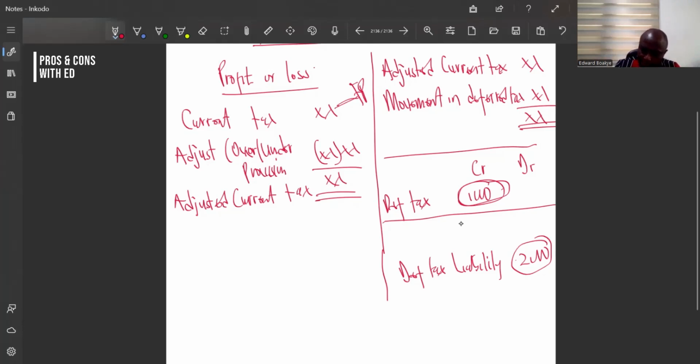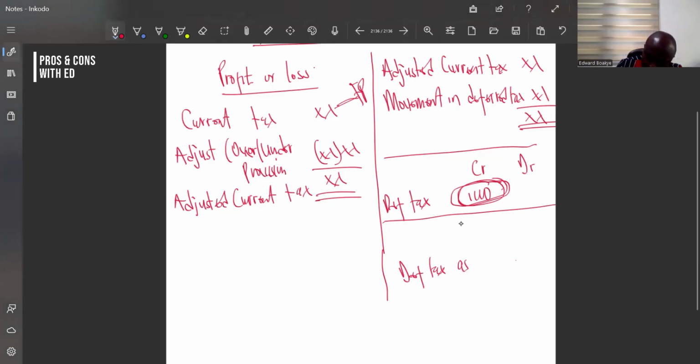It simply means that for this year, from previous years coming to this year, we have a deferred tax of 2,000. However, last year it stood at 1,000. So the movement is now another 1,000, which has come to add up. Let me go back to when it was an asset.